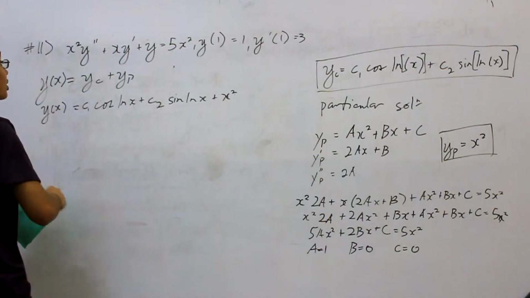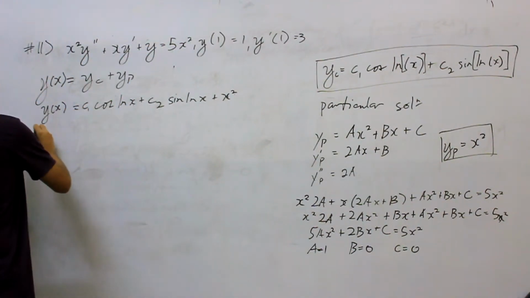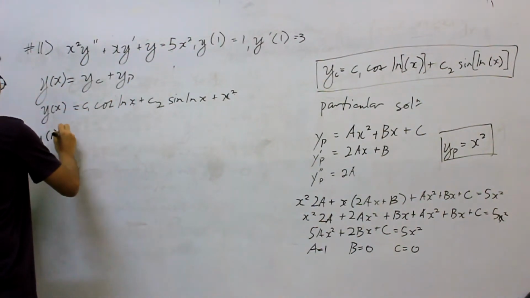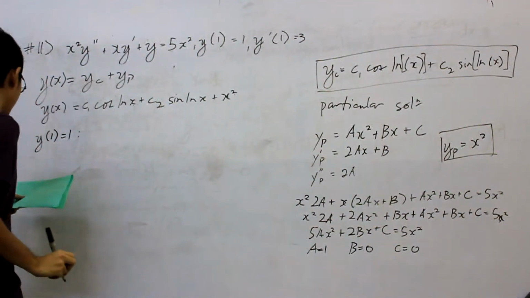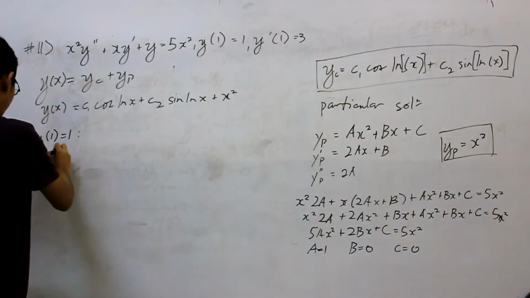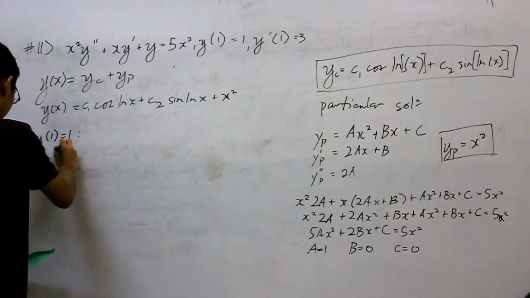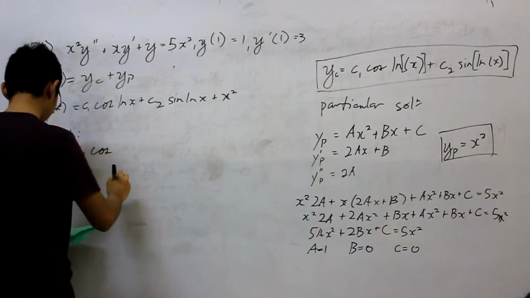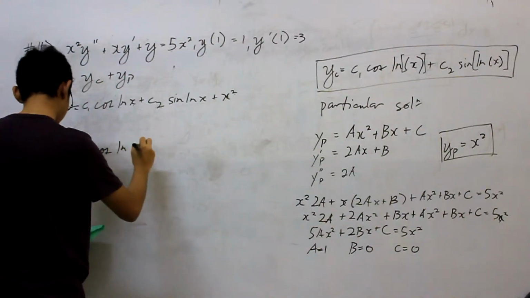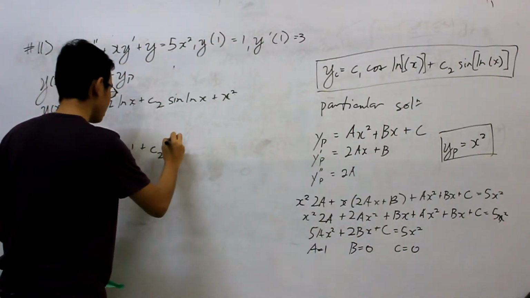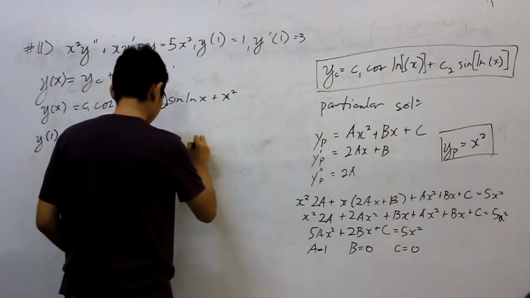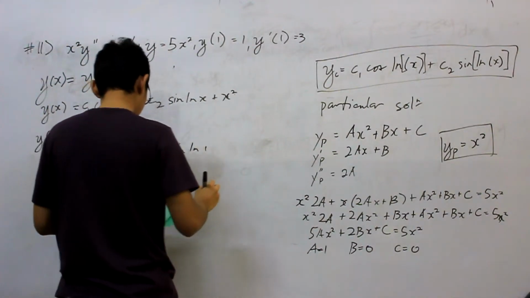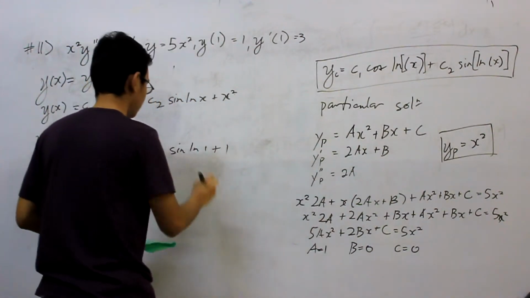We start with y of 1 is equal to 1. We substitute this, and we have 1 is equal to c1 cosine of ln of 1 plus c2 sine of ln of 1 plus 1.